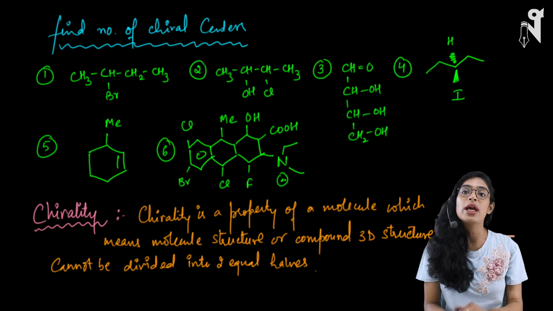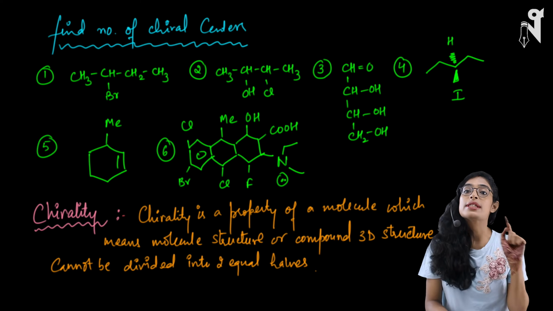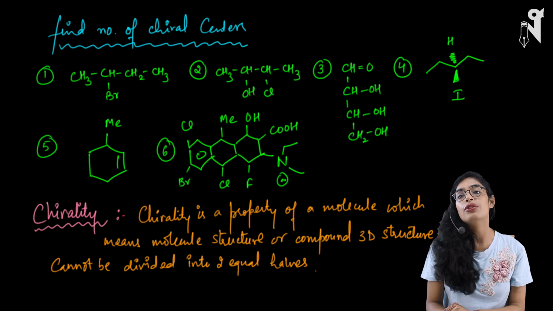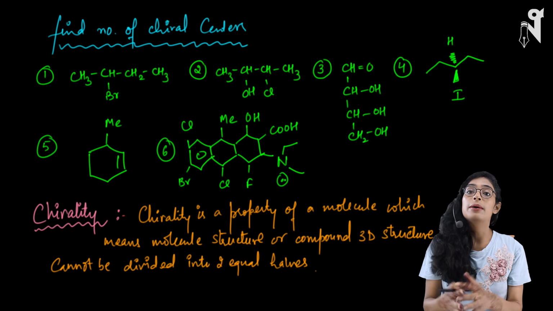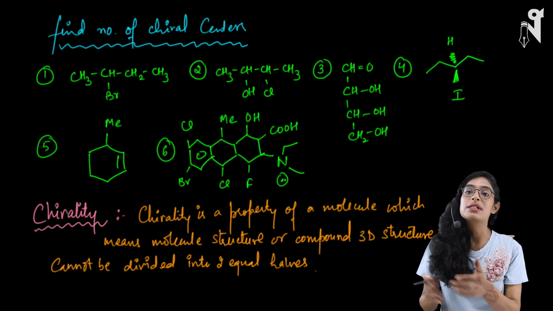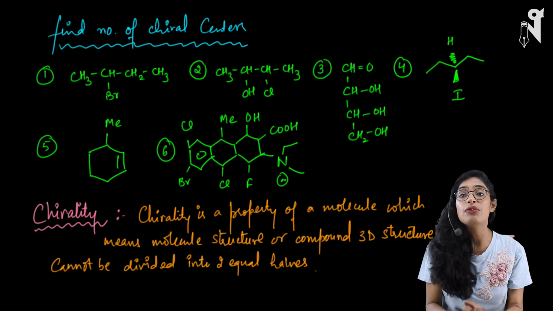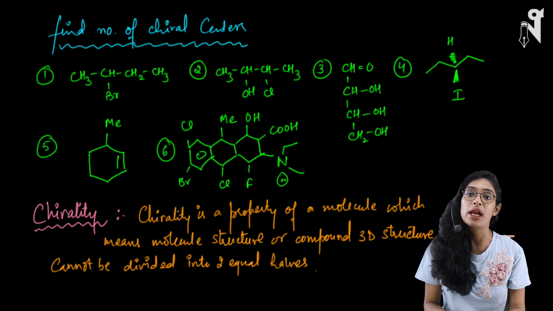So all these things we had discussed in the last class. We had seen the exception of nitrogen: even though it is sp3 and four different groups are attached in a tertiary amine, it still does not contribute to optical activity, and hence the compound remains optically inactive. The reason for it I'll be telling you in the next few classes.